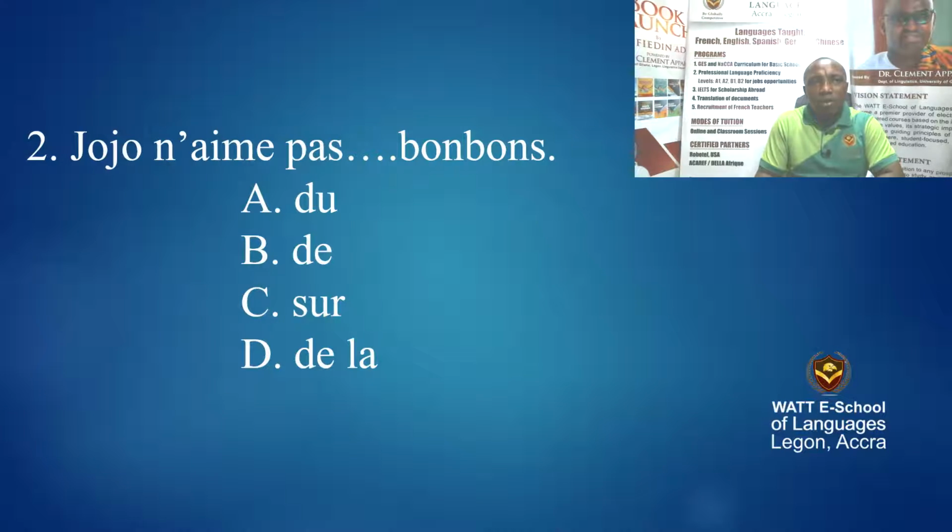Jojo doesn't like toffees. So here, the bonbon is in plural, but before bonbon, we have pas. We have a negation in this sentence. Therefore, it goes with de. So the correct answer is B.